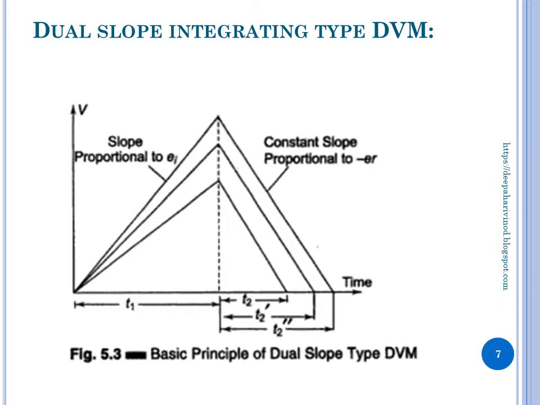Dual slope integrating type digital voltmeter. Voltage to time conversion. In this technique, noise is averaged by the positive and negative ramps using the process of integration. With the help of integration, the noise in the positive and negative ramps is averaged.